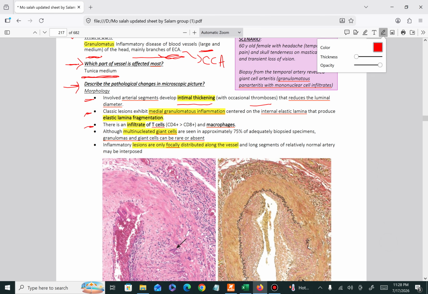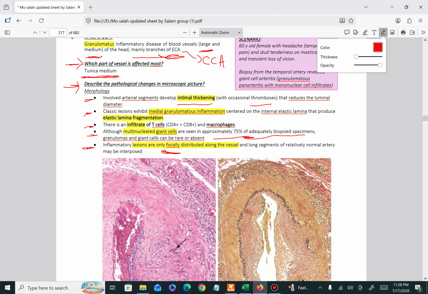There is an infiltrate of T cells and macrophages. Although multinucleated giant cells are seen in approximately 75% of adequately biopsied specimens, granulomas and giant cells can be rare or absent. Inflammatory lesions are only focally distributed along the vessel, with long segments of relatively normal artery.